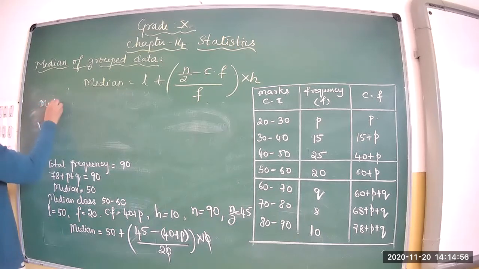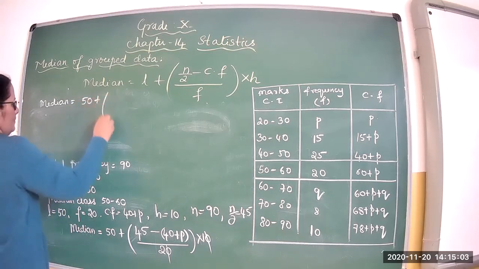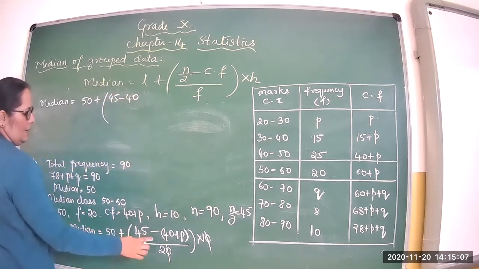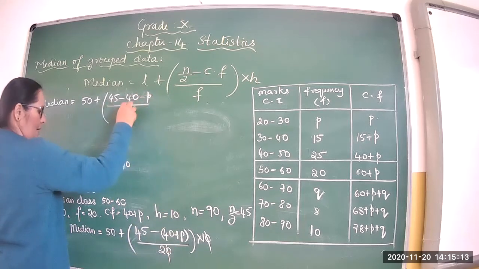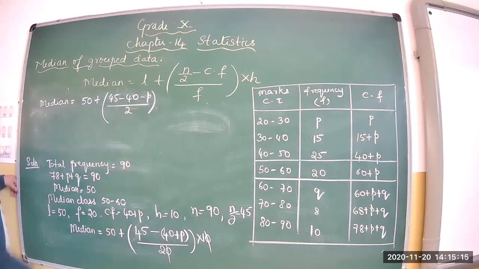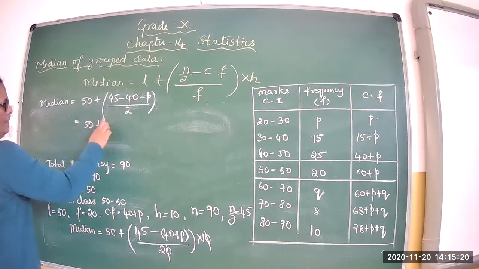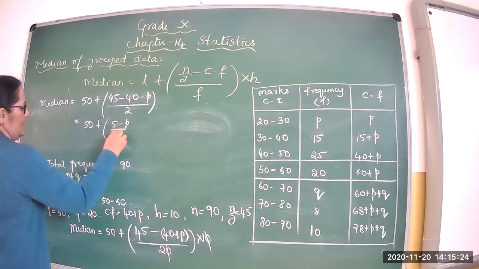So median is 50 plus, 45 minus 40 plus P, minus into plus is minus, divided by 2. So it is 50 plus 45 minus 40 is 5 minus P by 2.